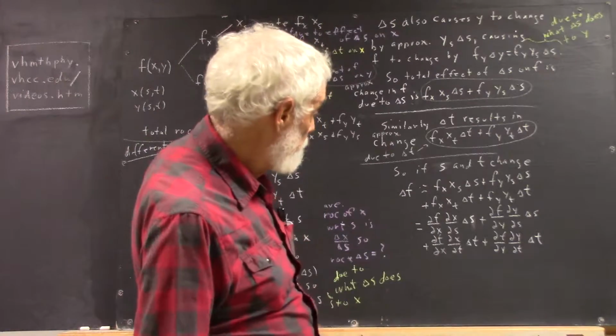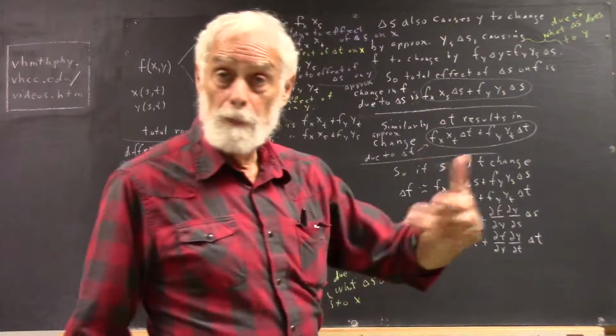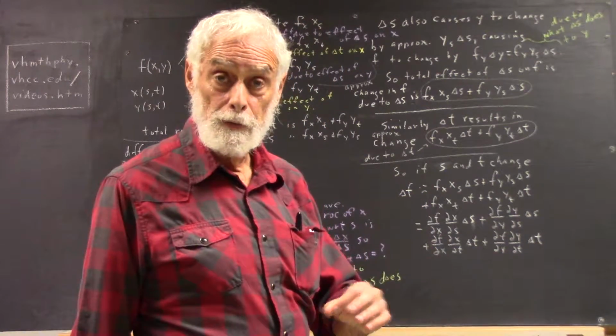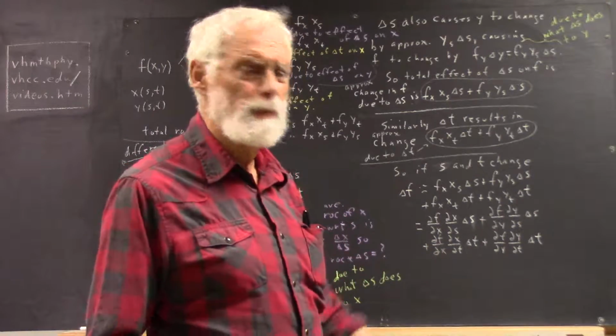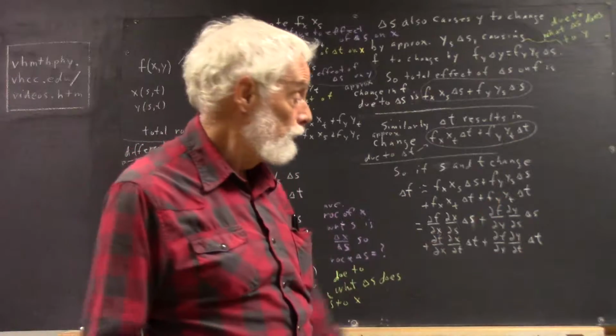Okay, so then this could all be written in the partial derivative notation. I've been using the subscript notation for the partial derivatives just because it's more economical and maybe a little easier to look at when you're not used to it.